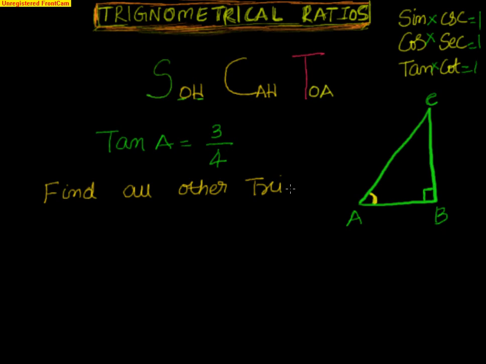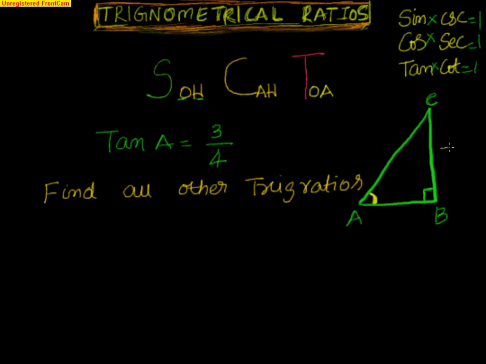I will do this sum for you since it is the first time, but I want you to do the remaining ones. Now tell me, what is tan? Opposite by adjacent is 3 by 4. What is the meaning of that? We are not talking about the actual length, we are talking about the ratio, right?